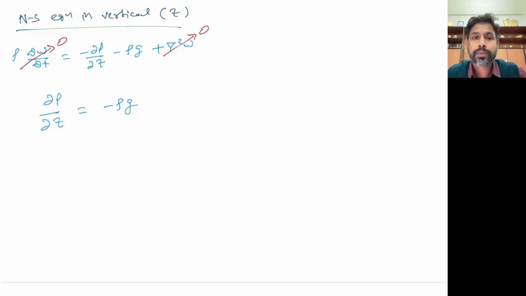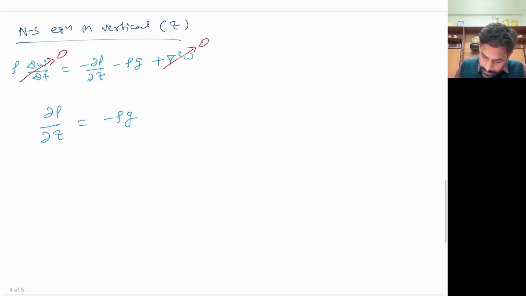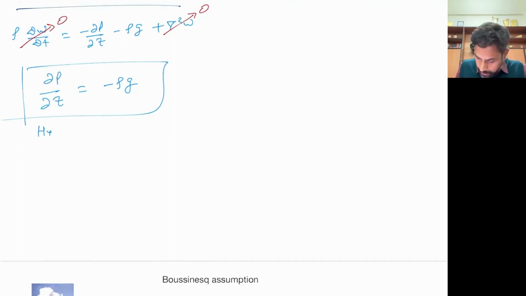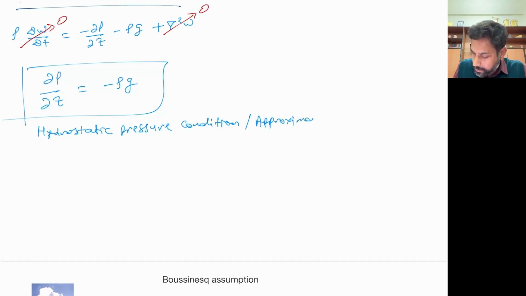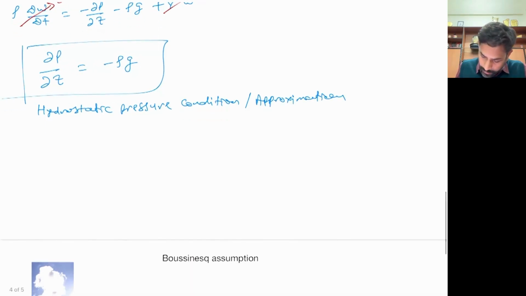There is no additional dynamic pressure in the flow. Okay, so this condition that we see is known as the hydrostatic pressure condition, or you can also call it approximation.